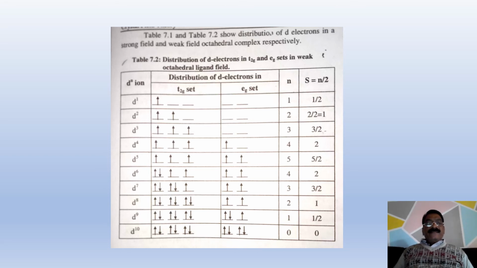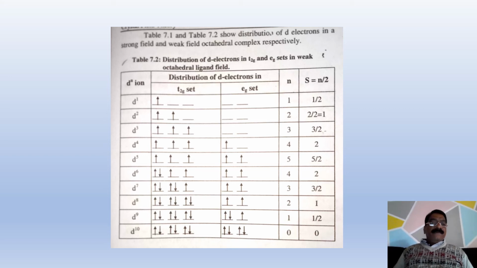In the d6 system in weak field, it will get paired in the t2g orbitals. In the d7 system, the next electron enters t2g and gets paired. In the d8 system, again it will get paired. In the d9 system, it enters the eg orbitals and gets paired. And in the d10 system, again it enters the eg set and gets paired. For the d10 system there is no unpaired electron.